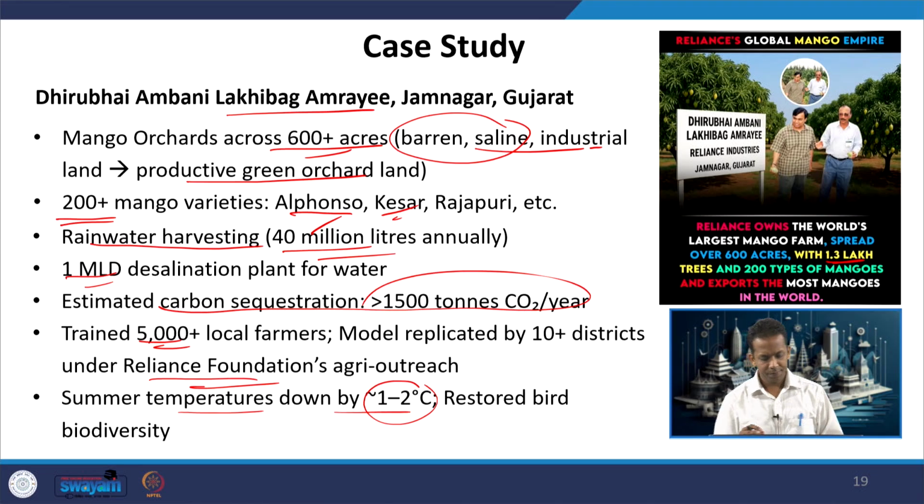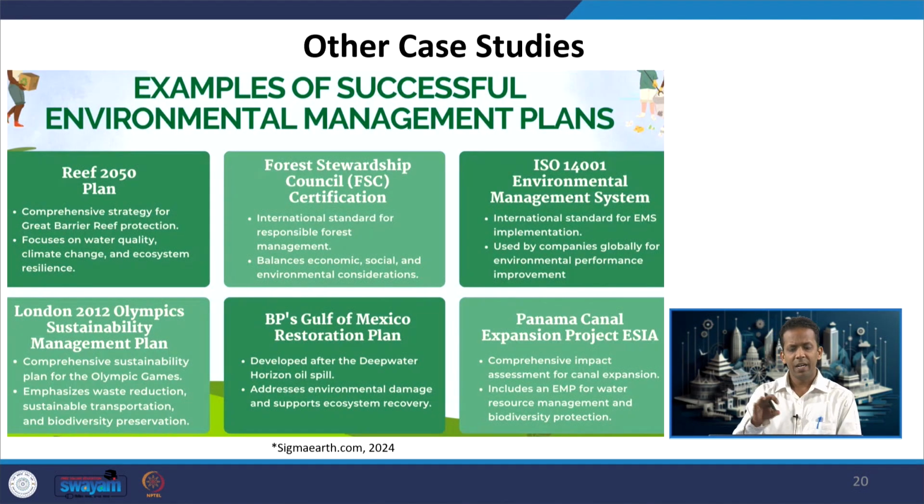So, along with this Indian case study, there are some case studies all over the world, for example, the REAP 2050 plan. I think you would be aware of the London 2012 Olympics, where sustainability and reduction in the amount of waste were emphasized a lot, and all the athletes were asked to travel by public transport or electric vehicles, and biodiversity preservation was also a prime concern when the huge tents and the running tracks and courses were built.